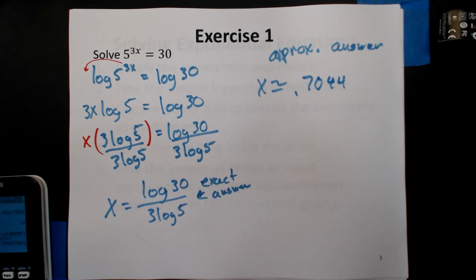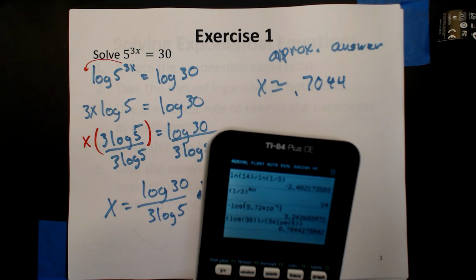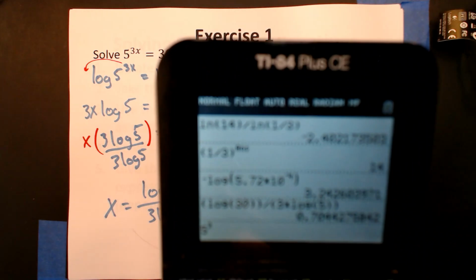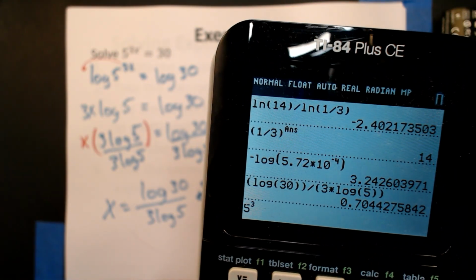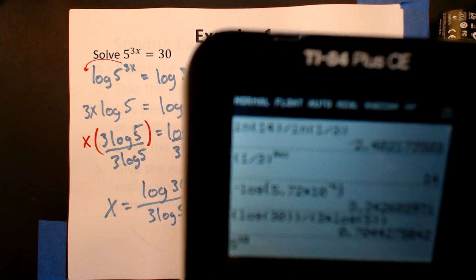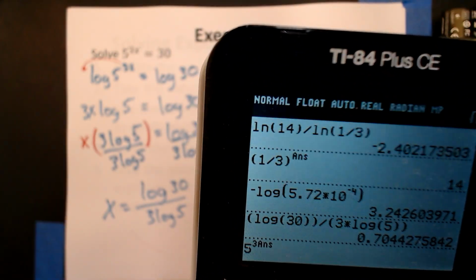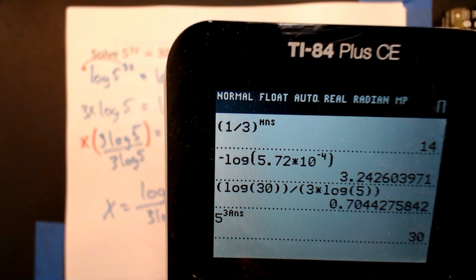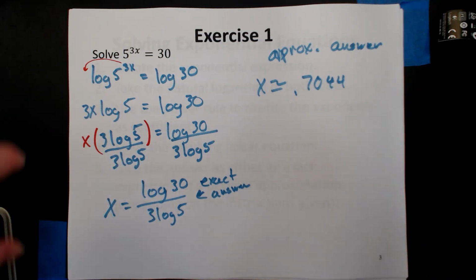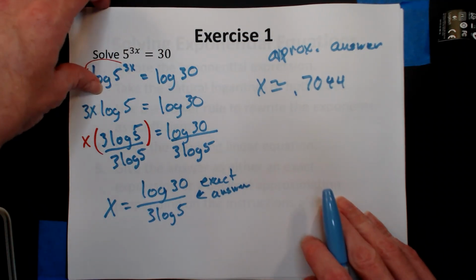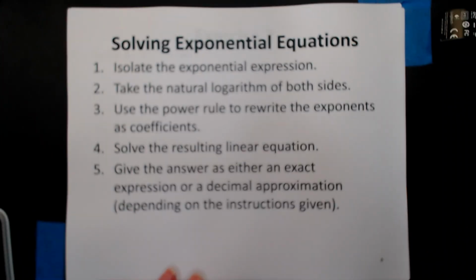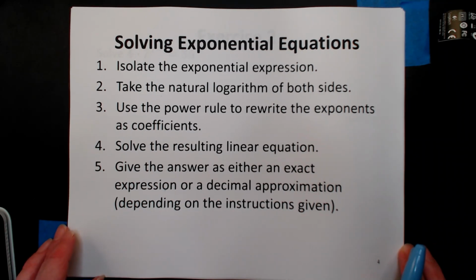You could always check it by saying 5 raised to the, and then 3 times, and then we'll say the answer, so second function, answer, and we hit enter, get 30 back out. So that checks our answer. And you should be able to have that power key on your scientific calculator as well. So that's your approximate answer. So you can always check your answers with these equations as well.